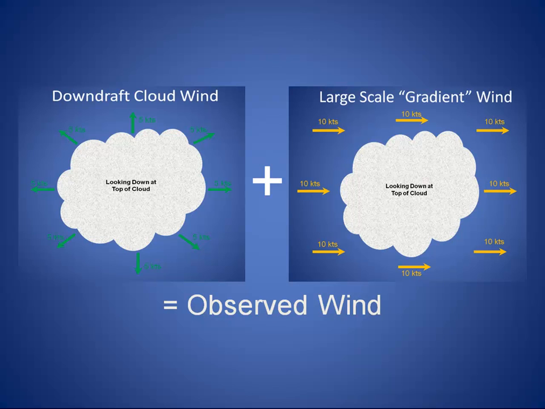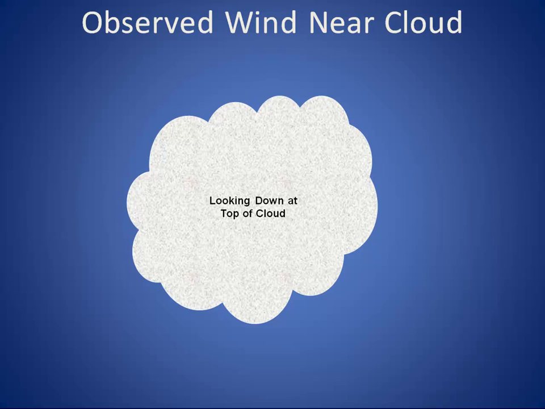So in summary, in this location of the race course, there's the wind caused by the downdraft cloud plus the large-scale gradient wind, and the combination of these two winds is going to result in the observed wind that we actually sail in. So some simple addition and subtraction will give us a good idea of what the observed wind is around the cloud.